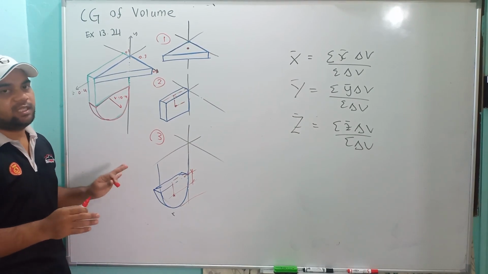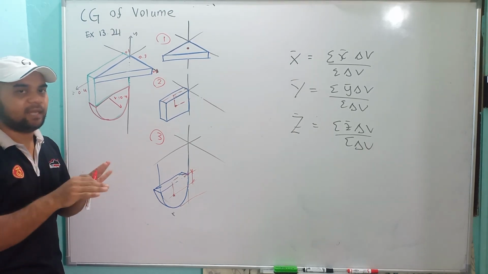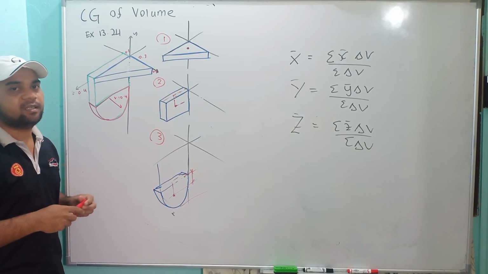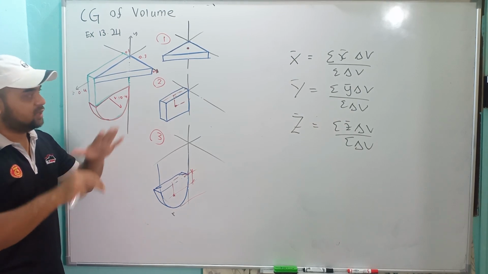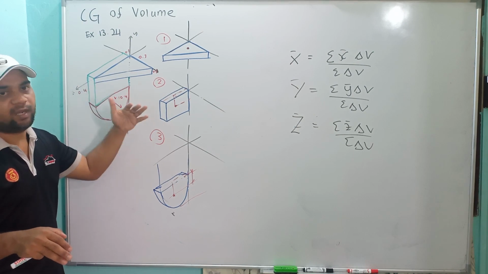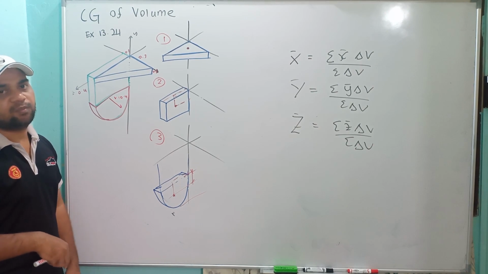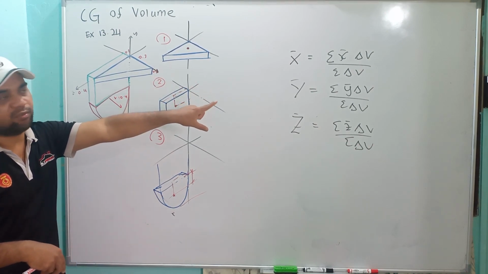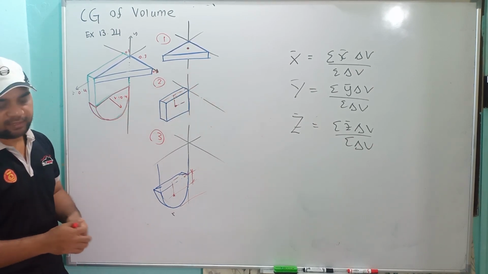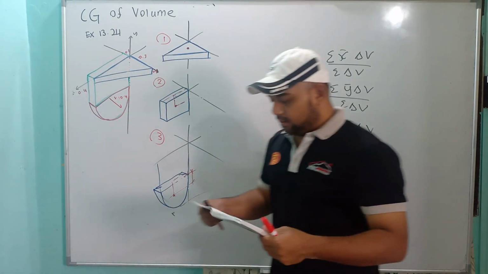Every time you get a question, you have to visualize what are the basic components that add up together to make the big structure. So you separate the components so that you can first identify the values of x bar, y bar and z bar, and calculate the volume of each component to be put in the equation later on, and then you get the answer. We do it one by one, which I have already done here.